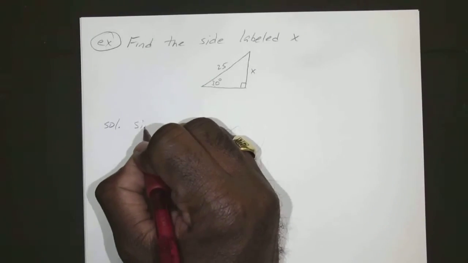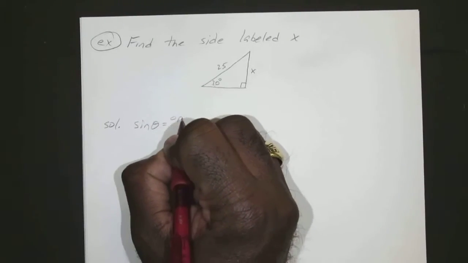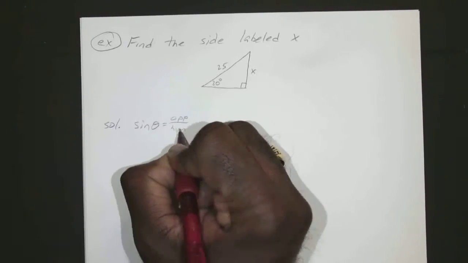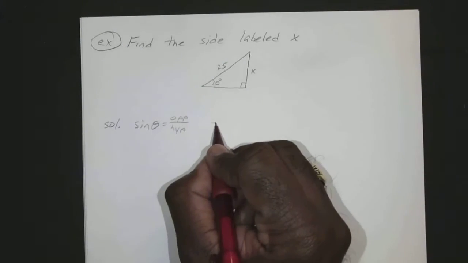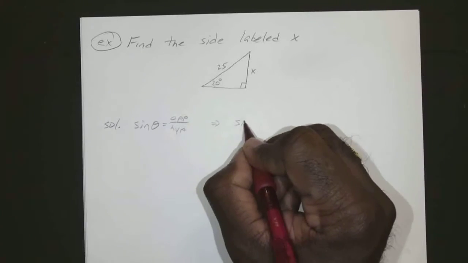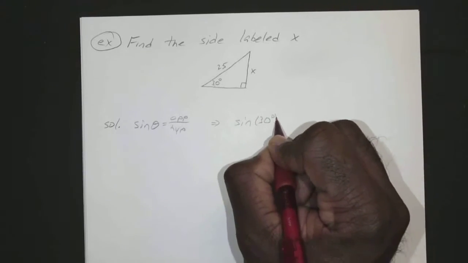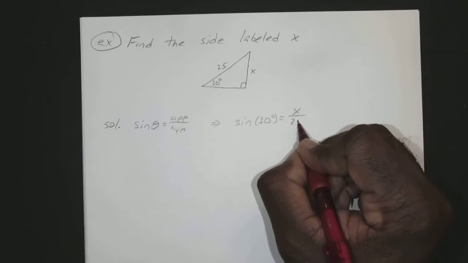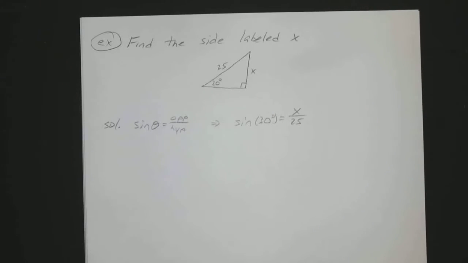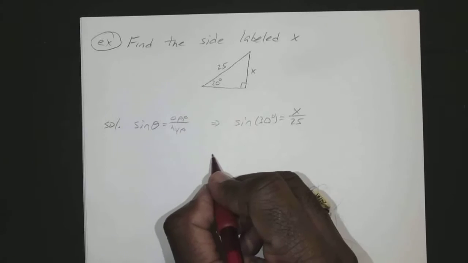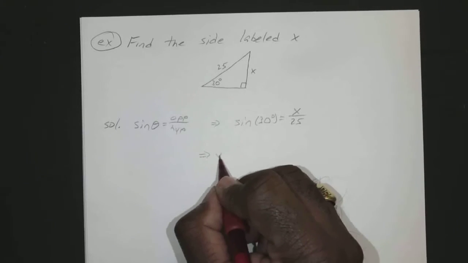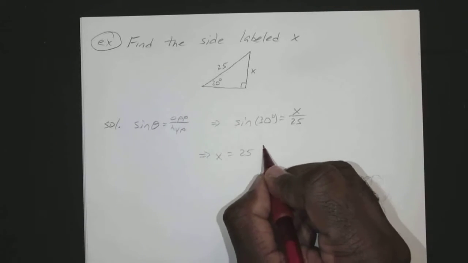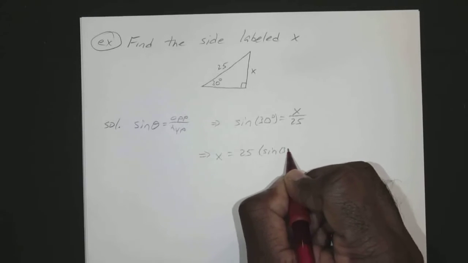Okay, so if we use sine of theta equals opposite over hypotenuse, that means sine of 30 degrees equals our opposite, which is x, over 25. So if we multiply both sides by 25, that will give us x equals 25 times sine of 30 degrees.